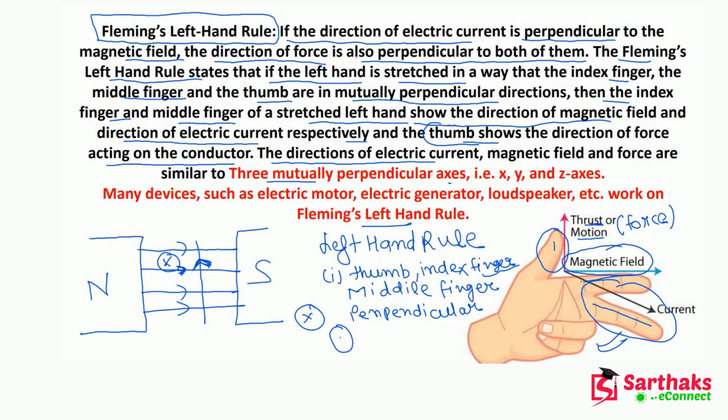So basically this thing we also discussed when we started the lecture, that this magnetic field is used in electric generators and electric motors. We will definitely discuss these appliances later in this chapter, but you have to remember that we find out the direction of force by this Fleming's left hand rule.